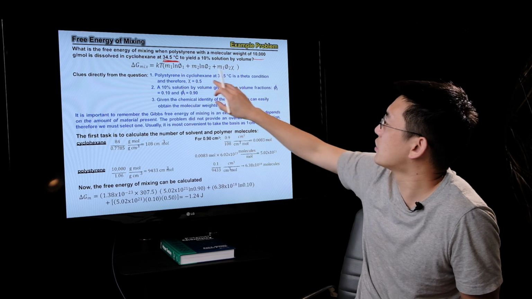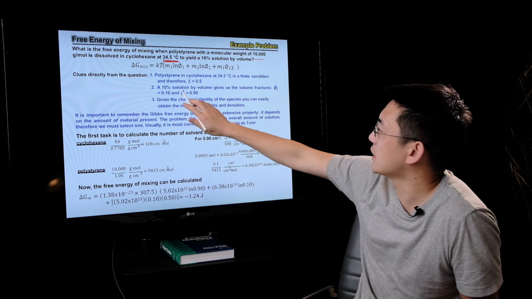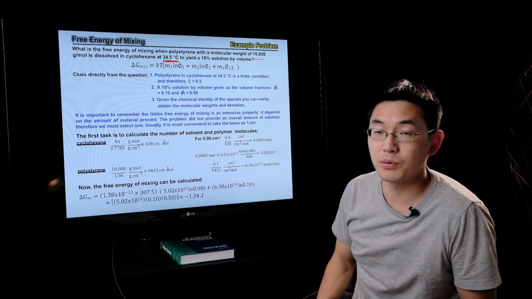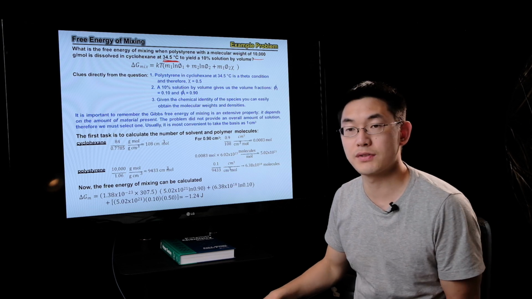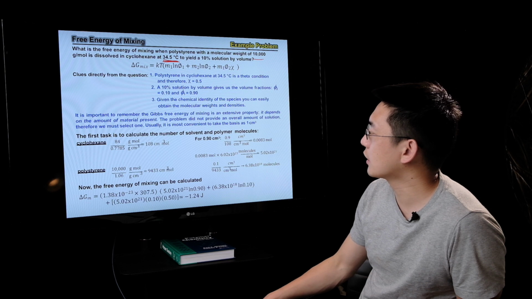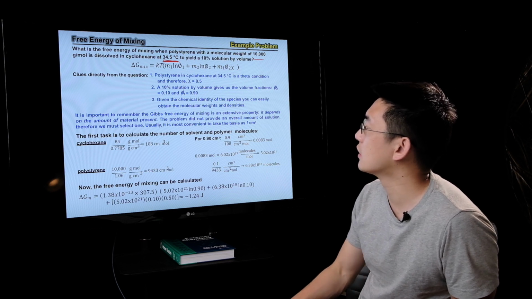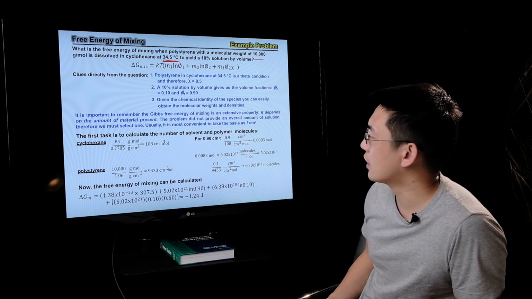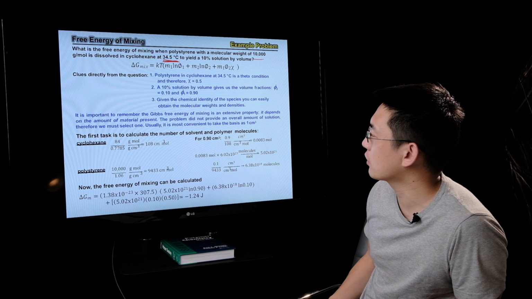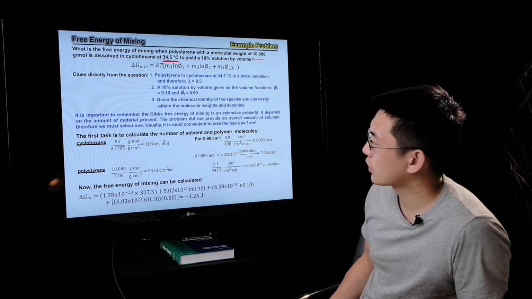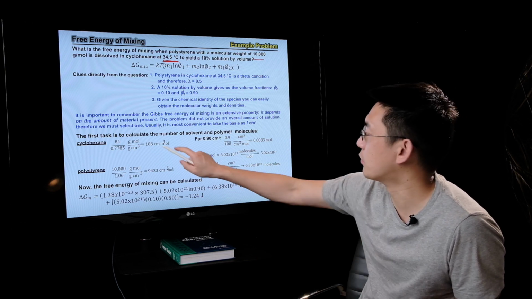But for now, what you need to know is that phi 2, as I showed everybody, is 10% solute. That means the volume fraction will be 10%. Phi 1 will be 0.9. That will be the volume fraction of the solvent. Now we are able to calculate the number of solvent molecules and the number of polymer chains. We can use the molecular weight divided by its density to get how much volume the polymer would take per mole.